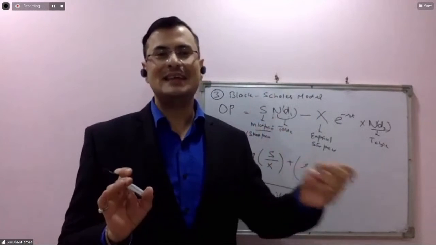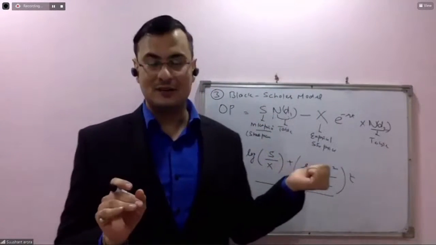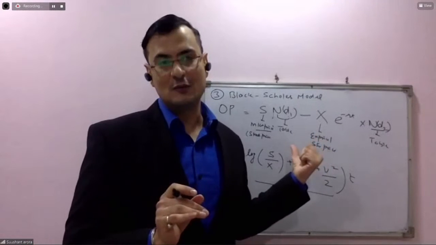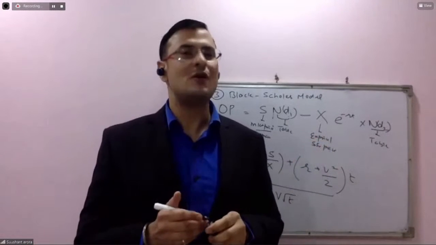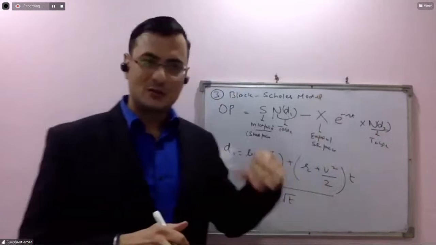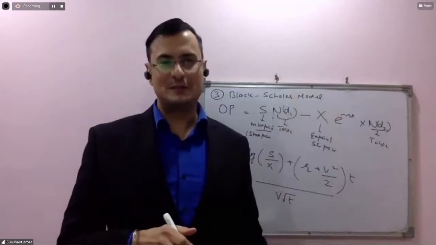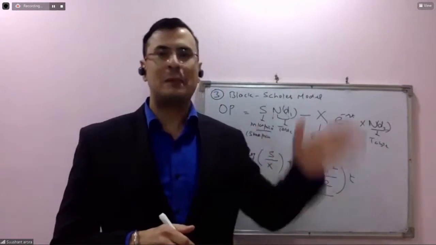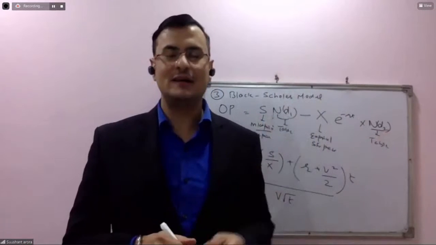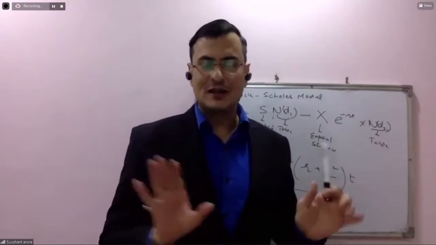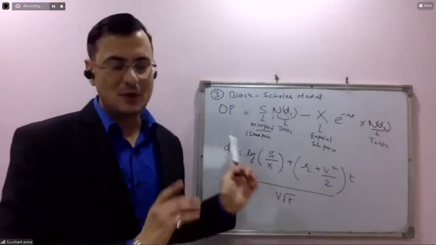They just ask you to apply it, and they also give the N(D1) and N(D2) values. That was simple. But in your CA curriculum, you will have to learn this formula, as you will not get it in the exam.